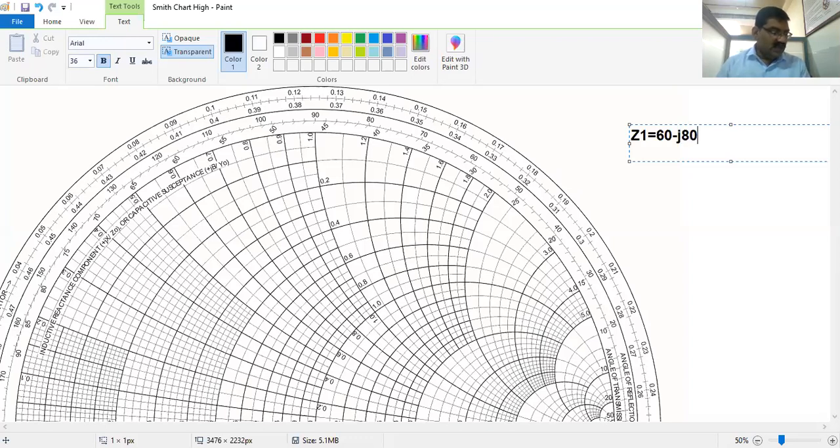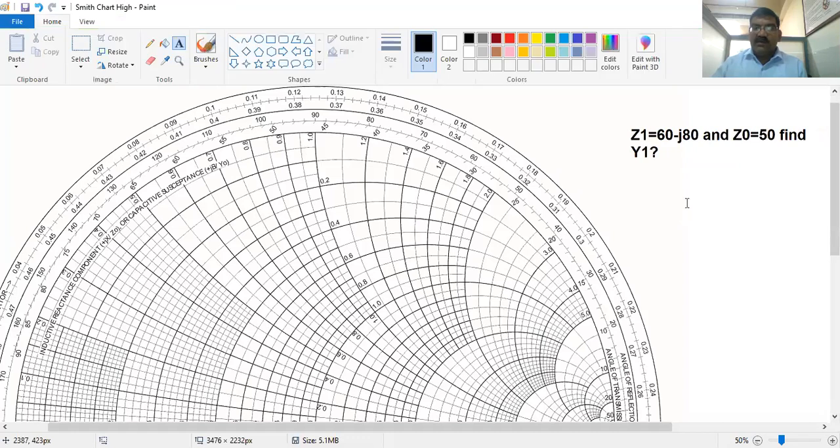This is what the impedance is given. And Z0, that is the characteristic impedance, it is given as 50. This is what the problem. Then what is to find: Y1 using Smith chart.